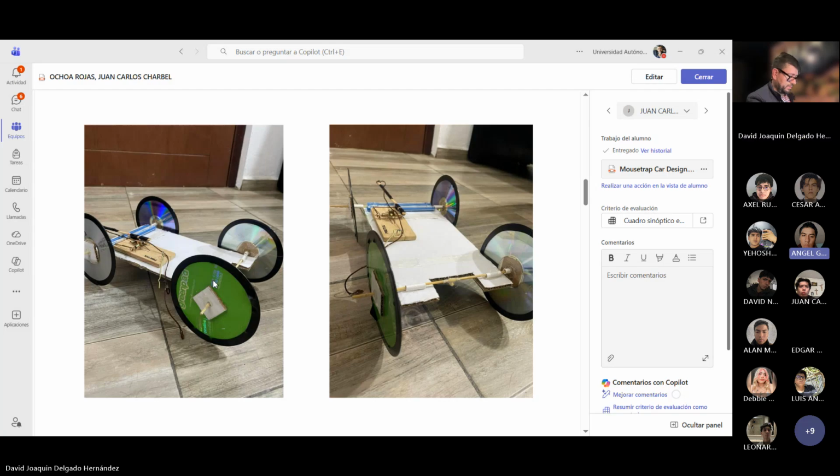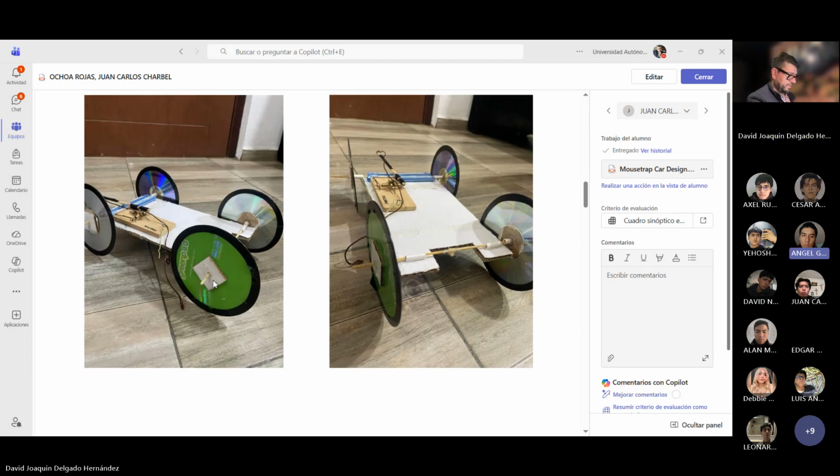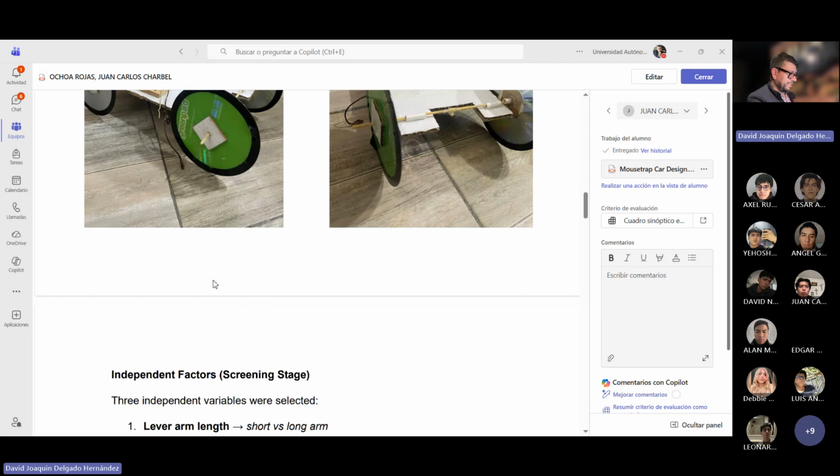So we made the lever arm longer in order to make the car run a longer distance, farther. That's what we did. Okay, that's what you did.